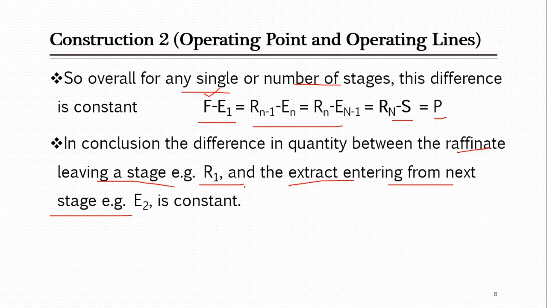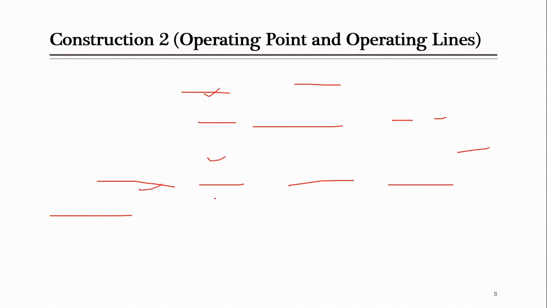As we have said, F minus E1 is equal to P, or sometimes, as he has applied here, these R1 and E2 are written from stage 2. If you apply balance on stage 2, what will you get?